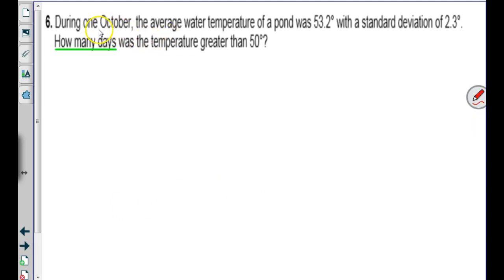During 1 October, the average water temperature in a pond was 53.2 with a standard deviation of 2.3. How many days was the temperature greater than 50? Okay. So what are we going to put in for our norm CDF? What's the bottom score we want to use? Yes, because we want greater than 50.